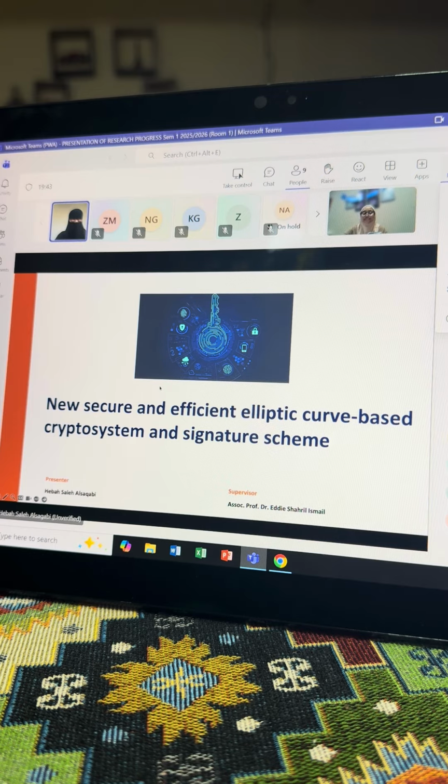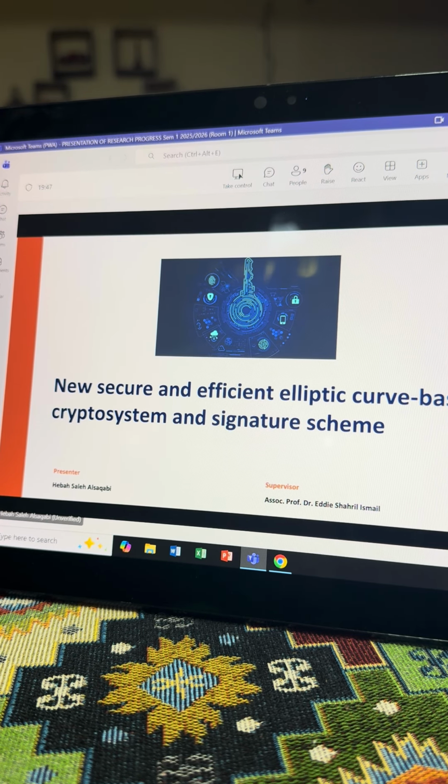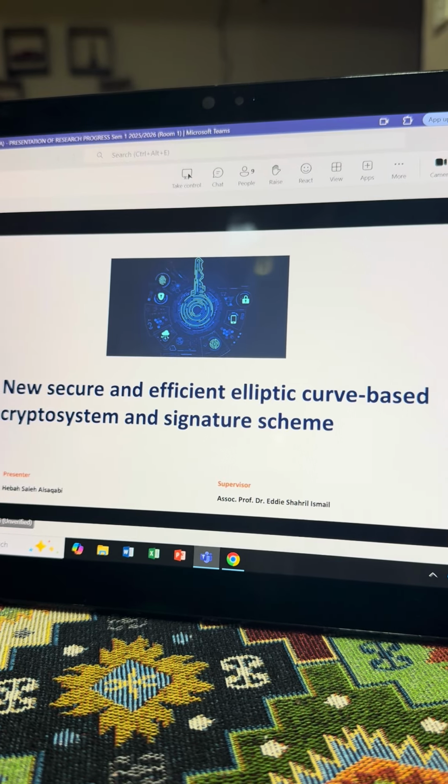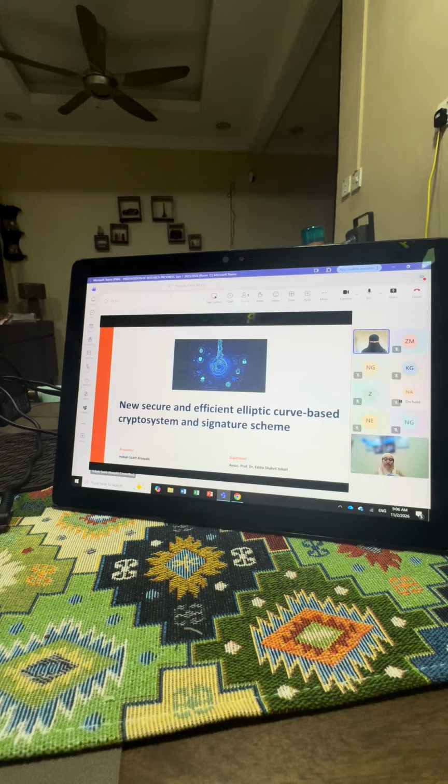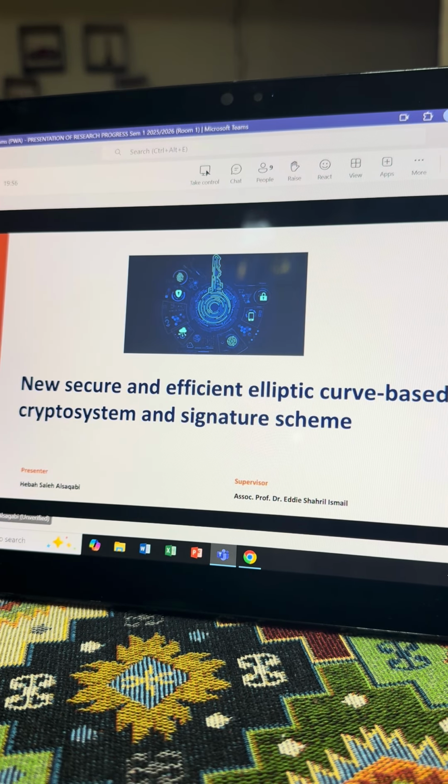Good morning, everyone. My name is Hebah Saleh Al-Sagabi, and today I will be presenting my PhD work titled "New Secure and Efficient Elliptic Curve Based Crypto System and Signature Scheme," under the supervision of Associate Professor Dr. Edi Shahril Ismail.